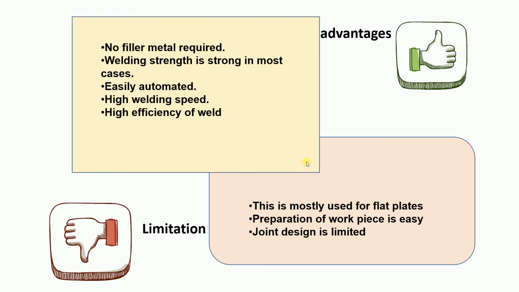If you have aluminum sheets, you can directly weld them using friction stir welding, because other processes like TIG are very difficult for joining aluminum. So you can use this process most efficiently for joining aluminum material and thin sheets.